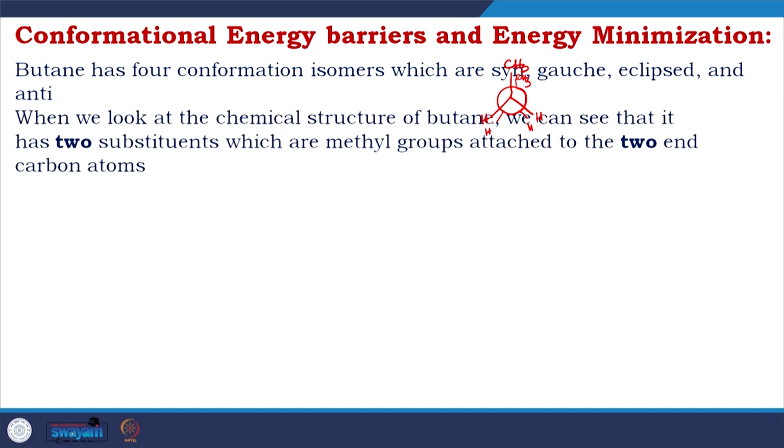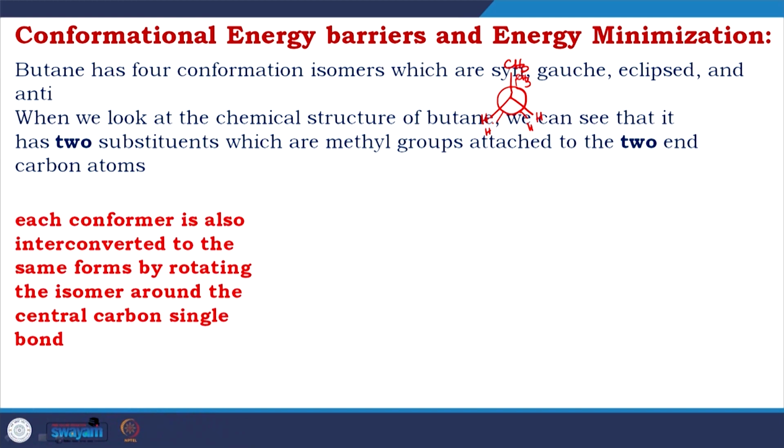When we look at the chemical structure of butane, we can see that it has 2 substituents which are methyl groups attached to the 2 end carbon atoms. Each conformer is also interconverted to the same forms by rotating the isomer around the central carbon single bond. So, how should the conformer change happen?